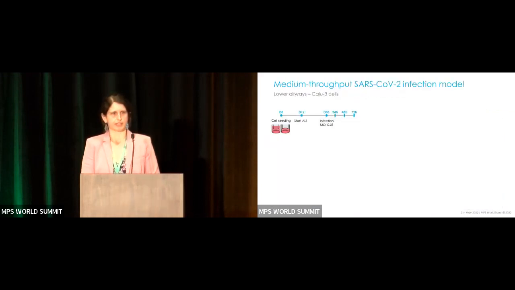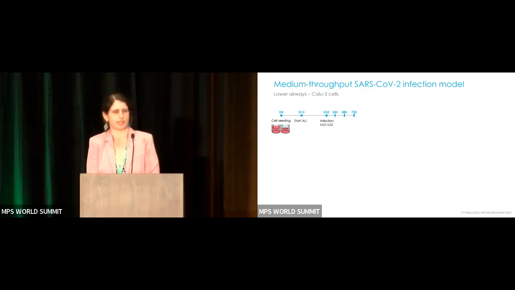So starting with the development of the medium throughput in vitro models, basically the transwell insert cultures, we first had a look at the Calu-3 cells. As a first experiment, we checked if the submerged culture or the ALI culture is better.